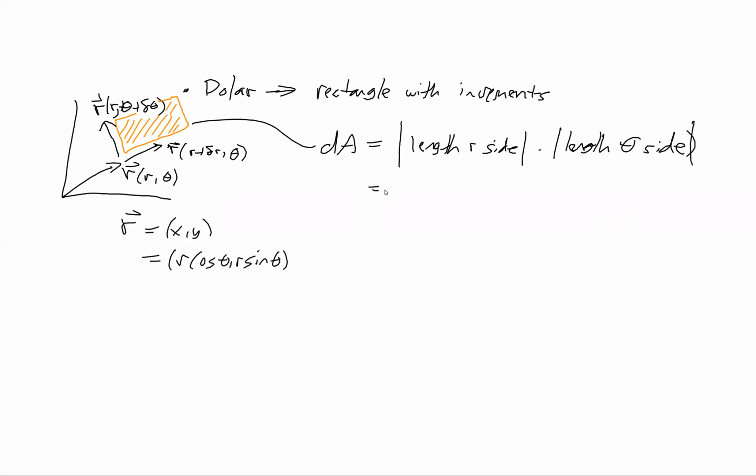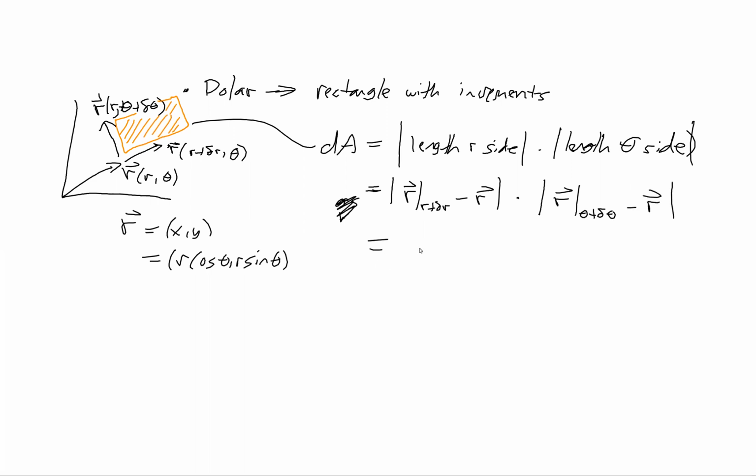Okay, now the length of the r side is as before. So it's the position at r plus delta r minus the original position, and the theta side is the position when you increase theta slightly minus the original.